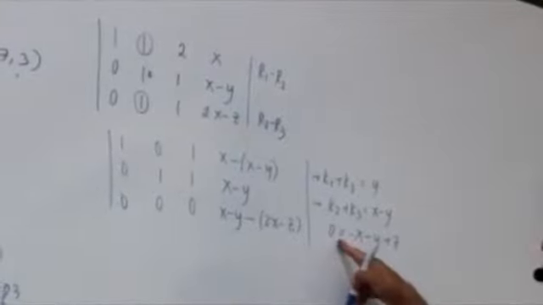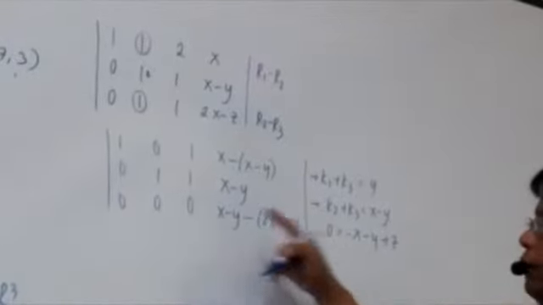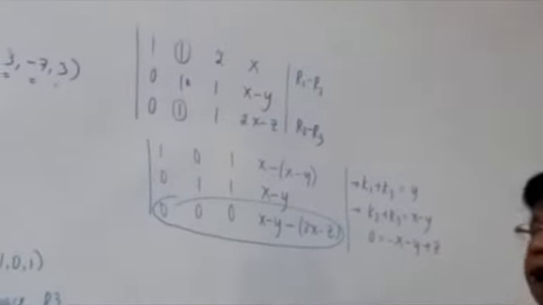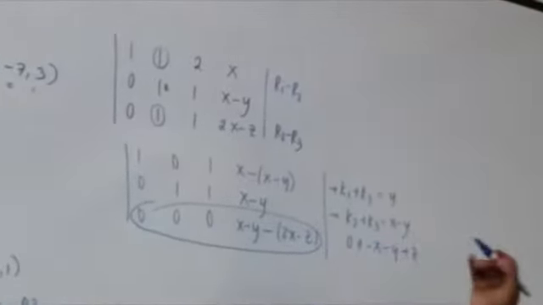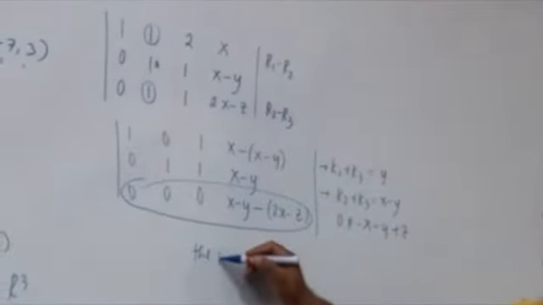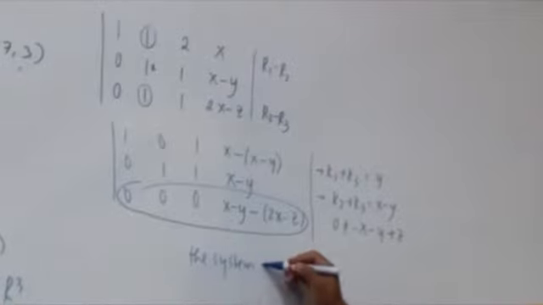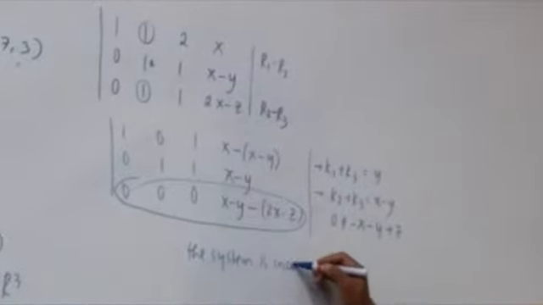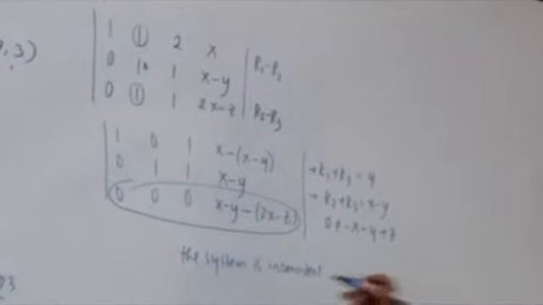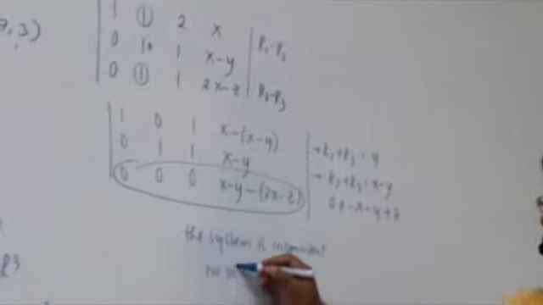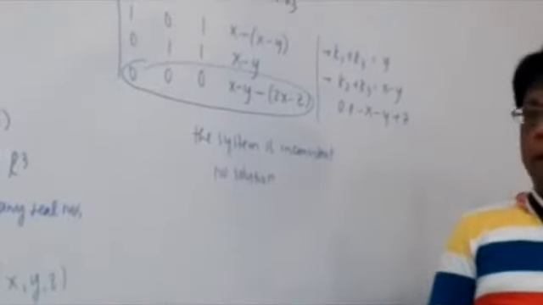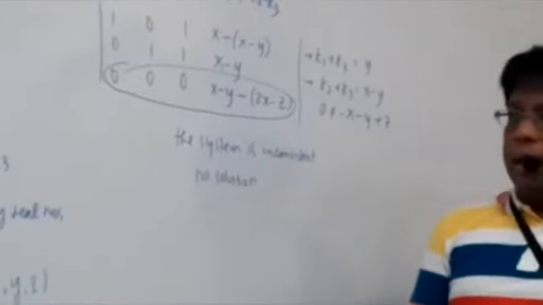But, as you can see, we have here the last row having a false statement. And that makes the system inconsistent. Okay? So with that, it has no solution. So we have found no values for K1, K2, and K3.